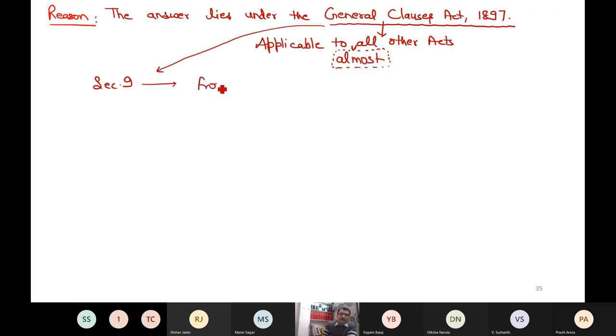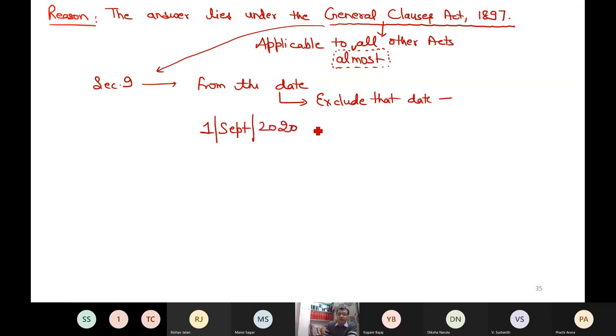that wherever in any act the word from is written, from the date, exclude that date. This is what the act says. So in my example, when it was 1st September 2020, I should exclude 1st and I should start from 2nd September 2020.